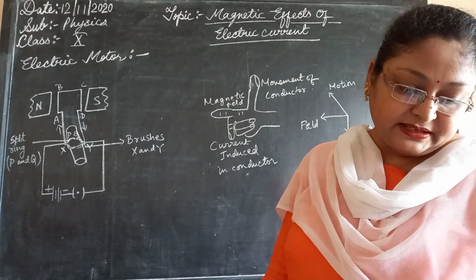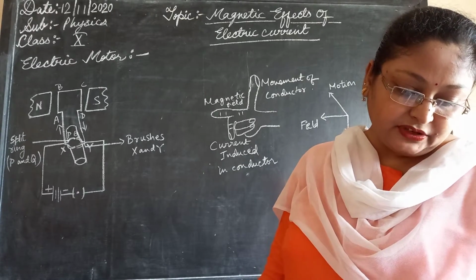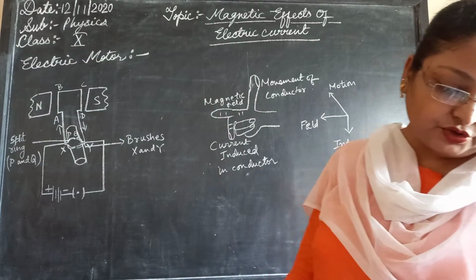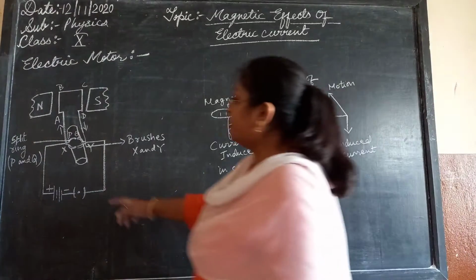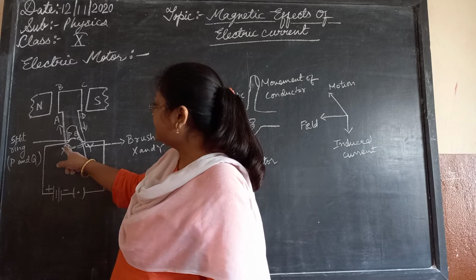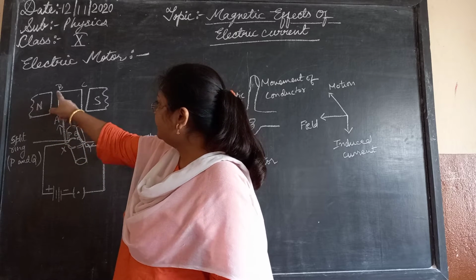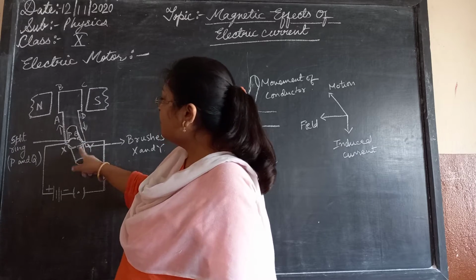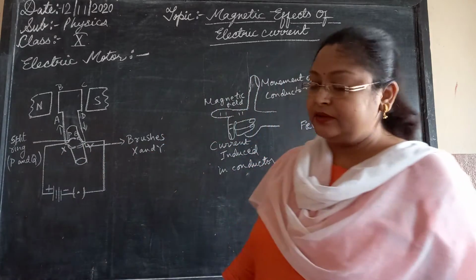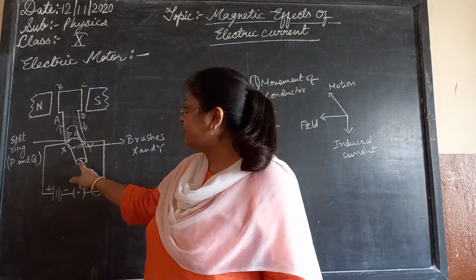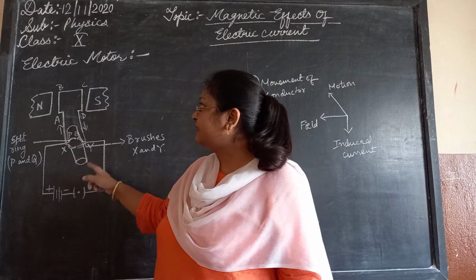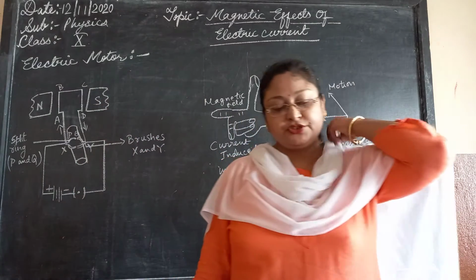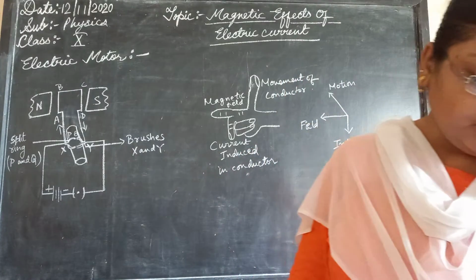Current in the coil ABCD enters from the battery through the conducting brush X. From X the current enters, moves through the coil and comes back to Y, and thus it is mechanically moving.